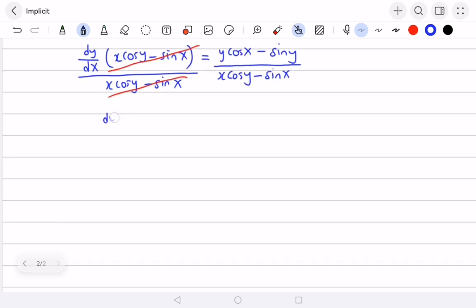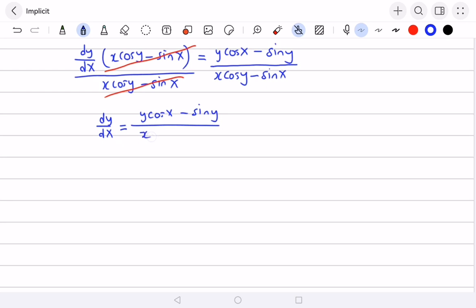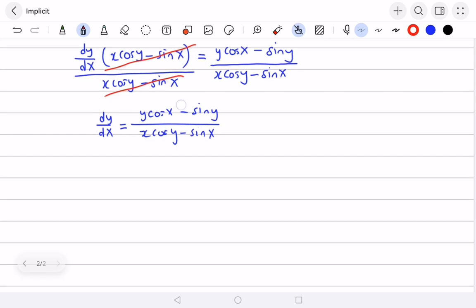Then we found our final answer, dy by dx equals y cos x minus sin y all over x cos y minus sin x, and we are done. This is how easy it is to find the derivative when dealing with an implicit function.